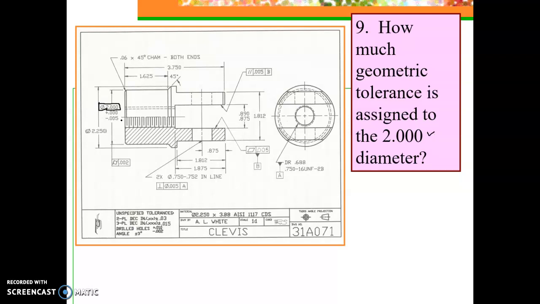We found it. Now, it has this tolerance here as part of the dimension, but that is the dimensional tolerance. I want to establish here the difference between geometric and dimensional. The tolerance applied to the geometric tolerance is 0.002. It's right there.